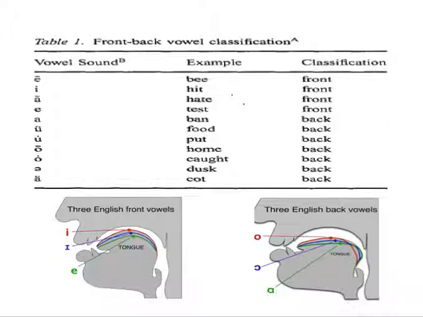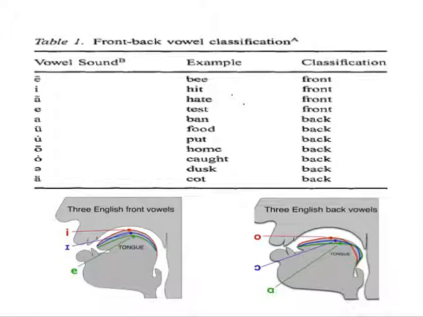I've given you some examples there of our front vowels, bee, hit, hate, test, and then some examples of back vowels, ban, food, put, home, court, dusk, cot.